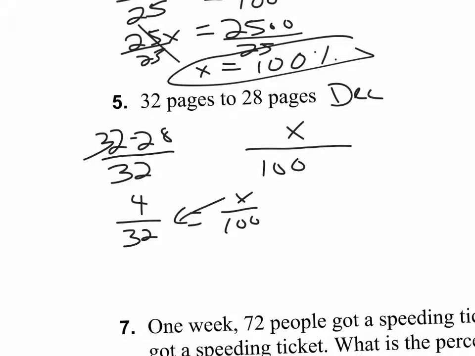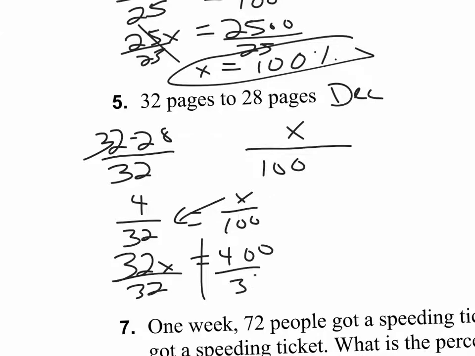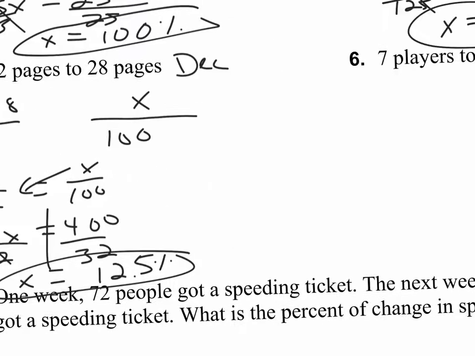We do our cross product, I get 32x is equal to 400. We draw our line, divide by 32, divide by 32. X is equal to 400 divided by 32, which gives you 12.5, and that is percent. So it's a 12.5% decrease.